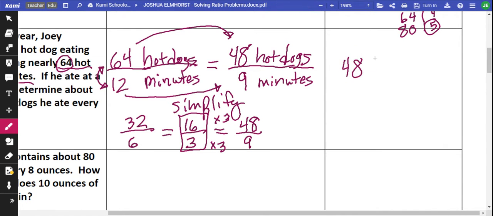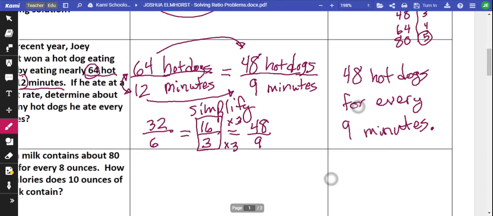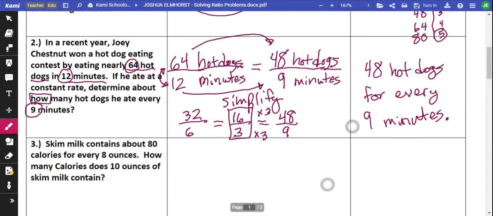And the statement over here, we did not write a statement up above, but we have 48 hot dogs for every 9 minutes as a solution.